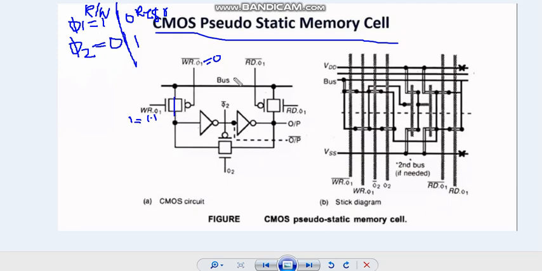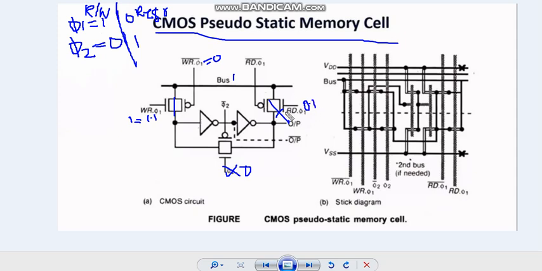Let us assume that we have a value 1 across the bus, so the bus is carrying a 1. And what about the rest? This will be off because phi 2 is 0; phi 2 is 0, so this transistor is off. Of course this is also off because it is 0 and 1.